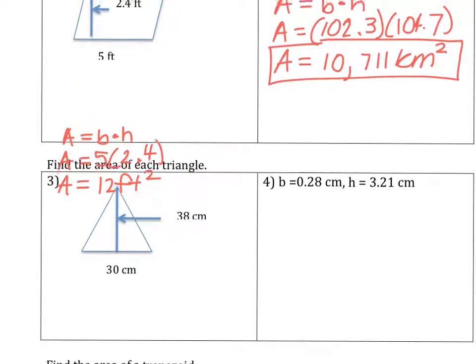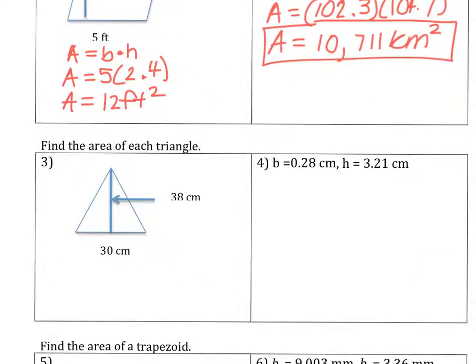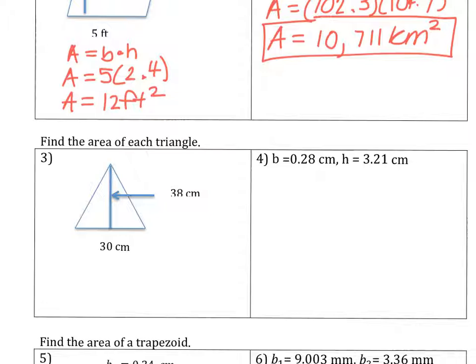Example number 3 says find the area of each triangle. So when we look here, we have our formula. Our formula is area equals 1/2 base times height. We're going to plug in what we know. We know that my base is 30 and my height is 38.